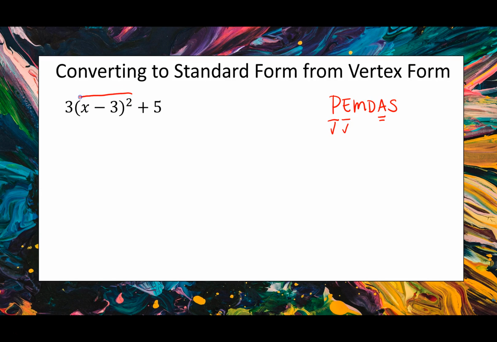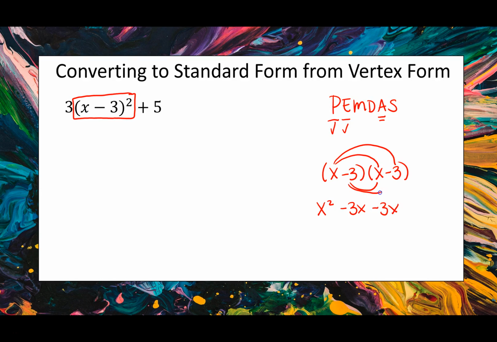So we have to do x minus 3 squared. I'm just going to pull this off: x minus 3 times x minus 3. If you're a box method person, you can go ahead and draw your box now. I'm a FOIL lady, so my x times x is x squared. My x times negative 3 is a negative 3x. My negative 3 times x is another negative 3x.